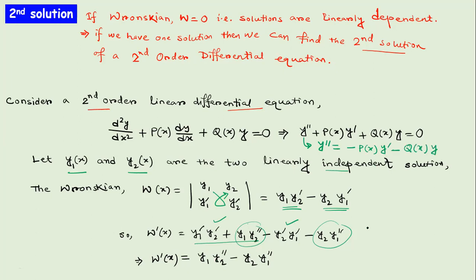So y2 double prime is nothing but minus p of x y2 prime minus q of x y2. Similarly, y1 double prime is nothing but minus p of x y1 prime minus q of x y1. So put this value of y2 double prime and y1 double prime in this equation. You can see this expression like that.